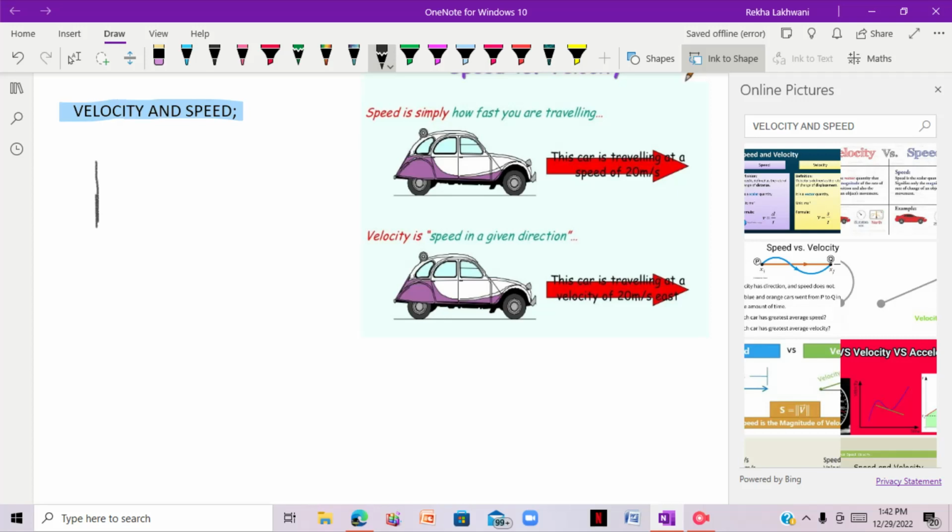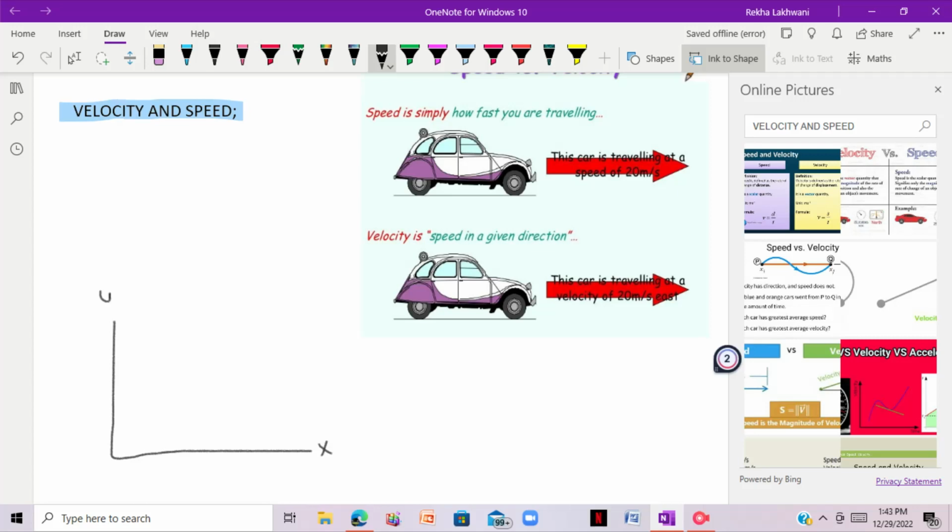Over here, they are my space coordinates, right? So we know that this is our x-axis and this is our y-axis, right? For example, we have a vector which is r over here.